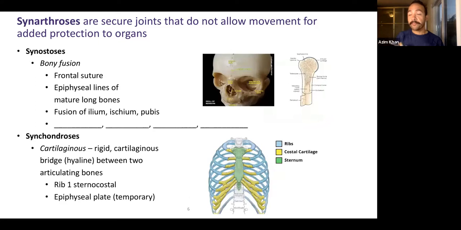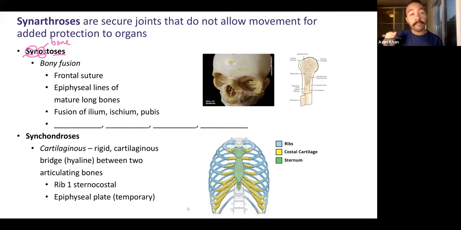There are two more. A synostosis. A synostosis is an example of a synarthrosis. These words start sounding very similar, so we have to really think about what they mean. Syn, once again, means together. Os, remember os? Os means bone. So it's bones coming together.